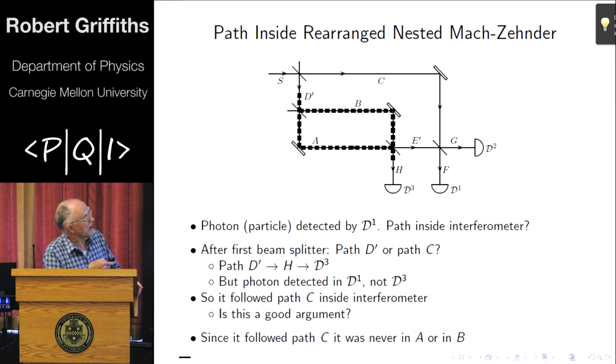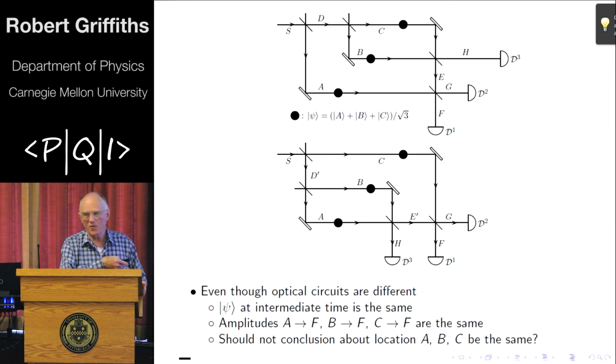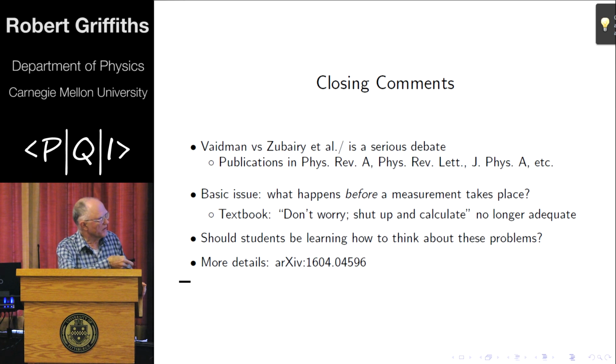Okay, so these next things here were just to convince you that given the same circumstance, particle detected in D1, it was also in C. Remember, that was in A, but I'm running out of time, fortunately, so I won't have to go through this, and instead let me come to the closing comments.